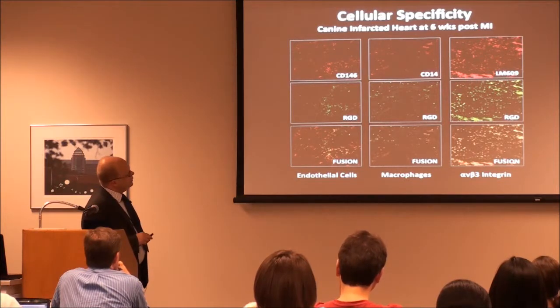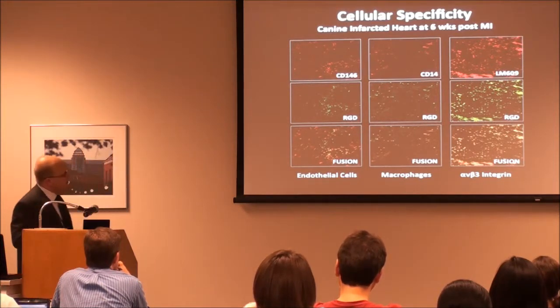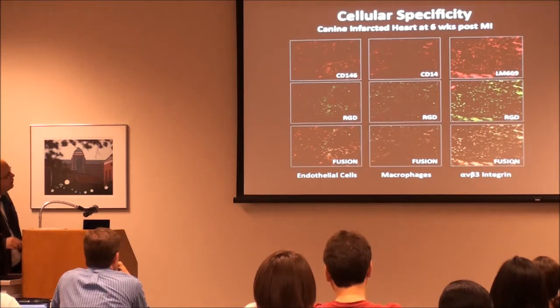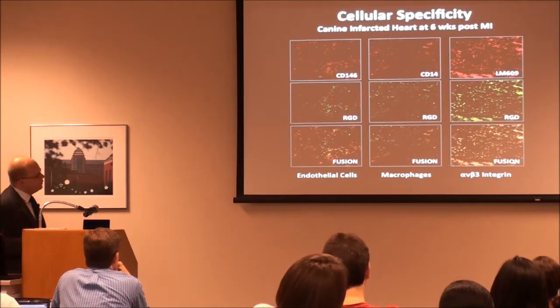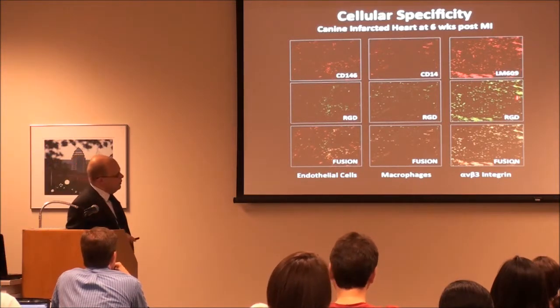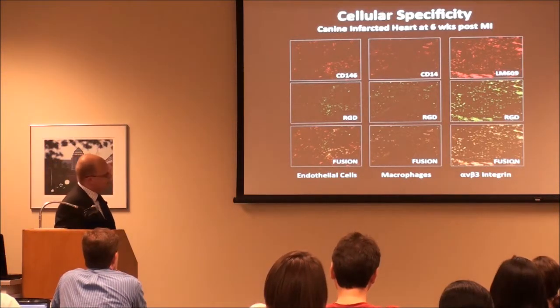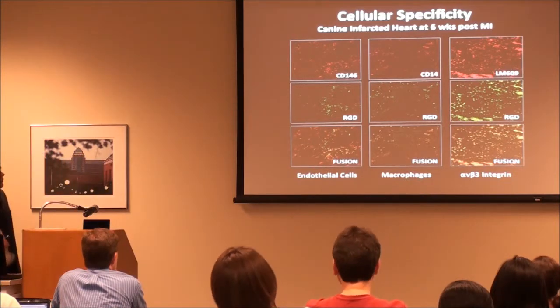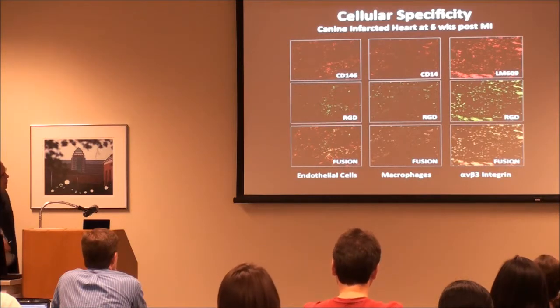The CD14 is the antibody against macrophages, and we saw some colocalization, but not complete colocalization. However, when we stained the tissue with the alpha V beta 3 integrin and with the fluorescent analog, we saw complete colocalization between alpha V beta 3 integrin and our probe within the tissues.